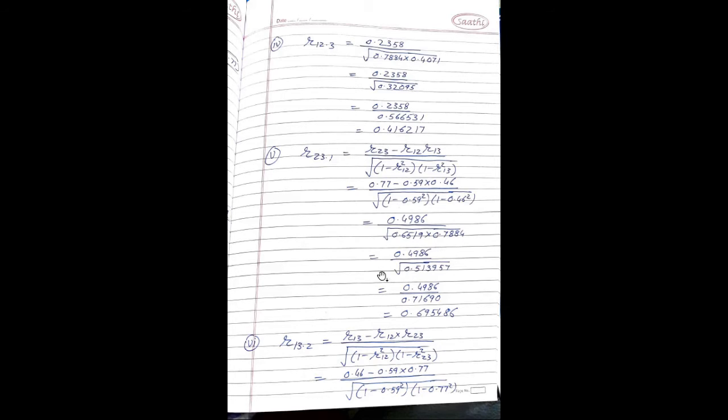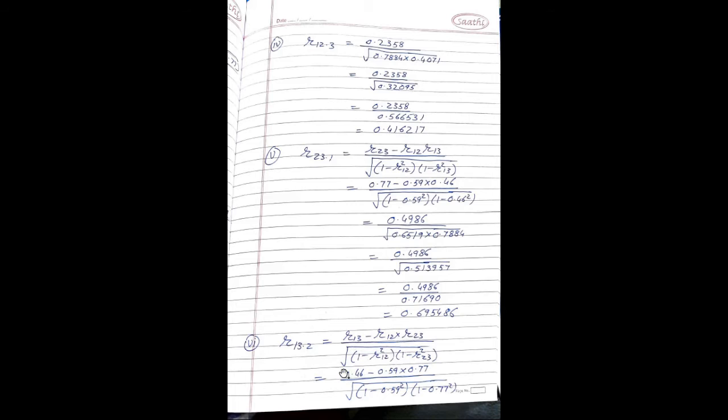So the calculations are given by 0.4986 divided by square root of 0.513957, which is equal to 0.4986 divided by 0.71690, and the answer is 0.695486.